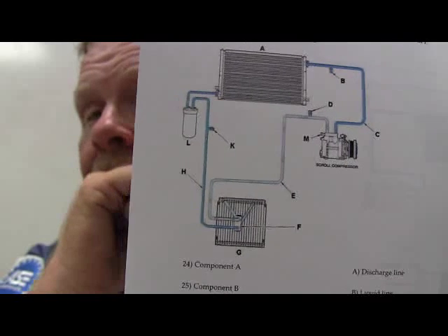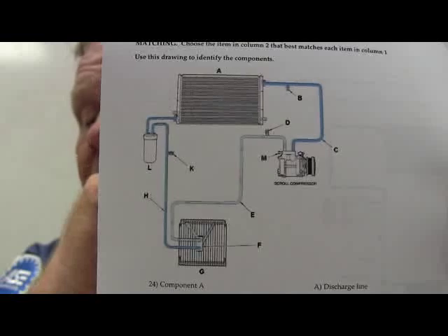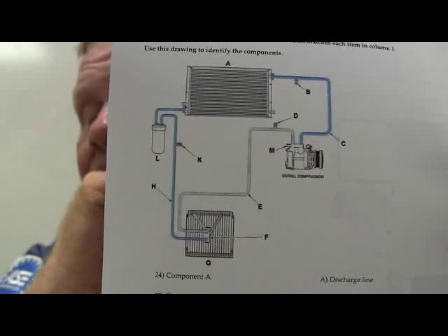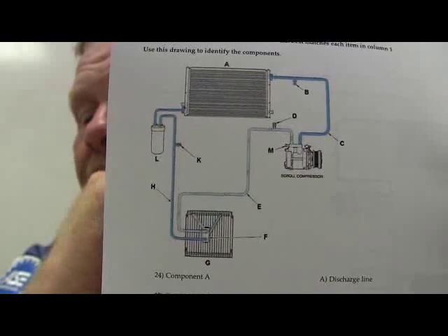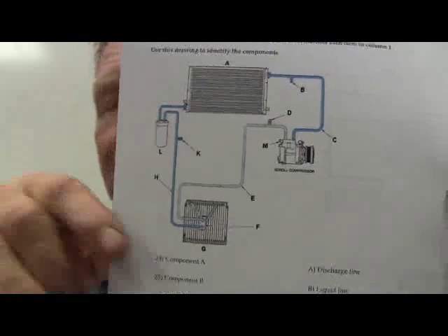What about 27? 27 is I. That's low service point. All right, what is I? I is a low service port. I thought that was high. Why would it be high? I thought K was. All right, never mind. You see it anywhere?